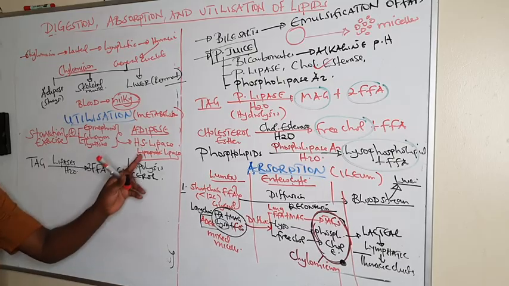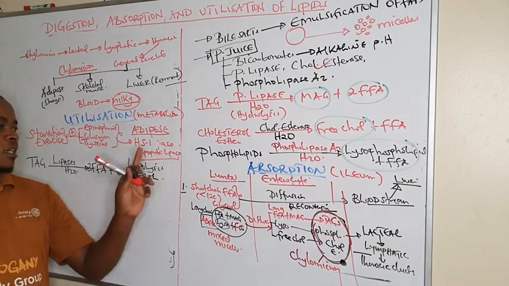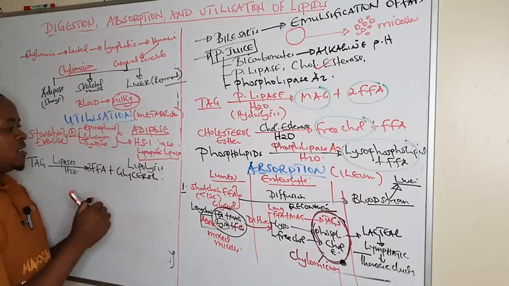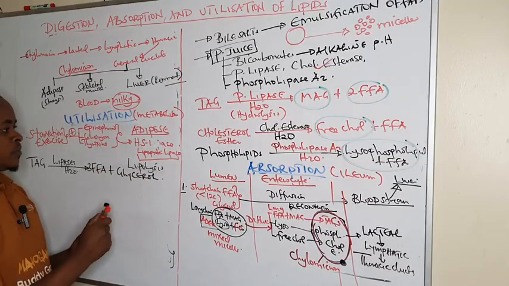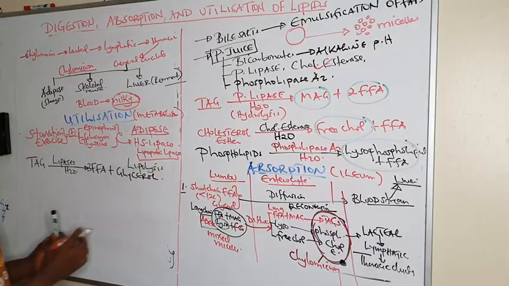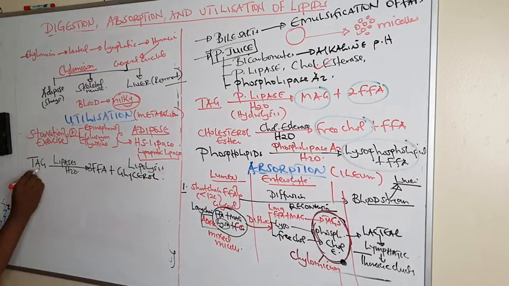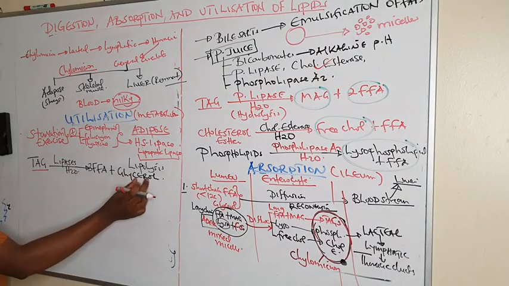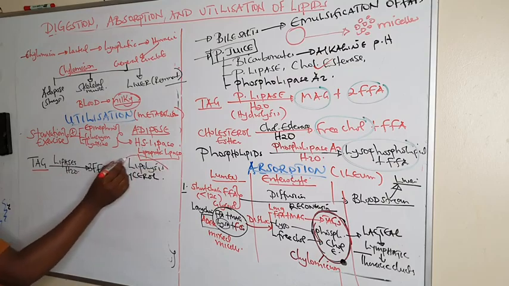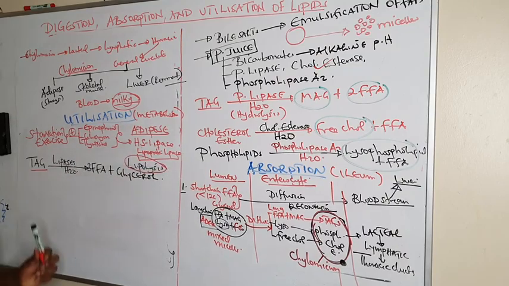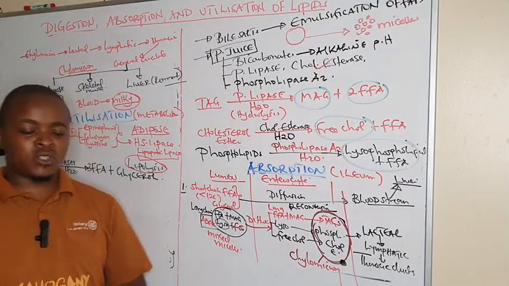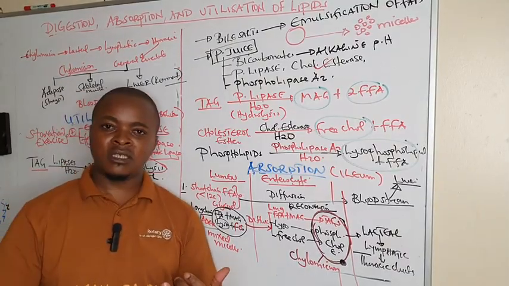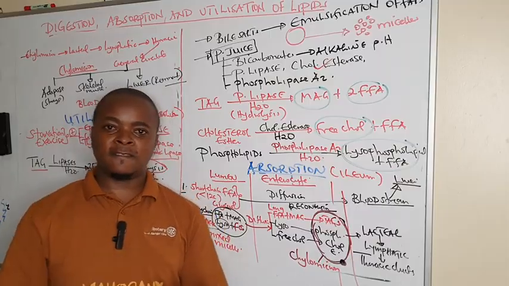This lipase can be hormone sensitive lipase, it can be lipoprotein lipase. So when they break down triglycerides to free fatty acids and glycerol, this process is what we regard as lipolysis, because we need energy when there is starvation, we need energy when we are doing exercise.